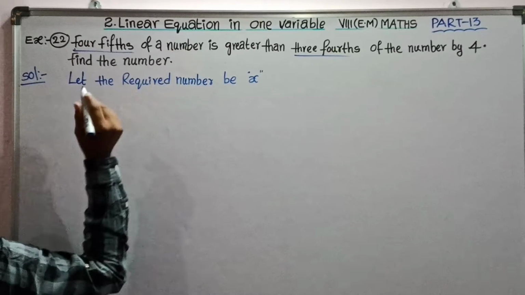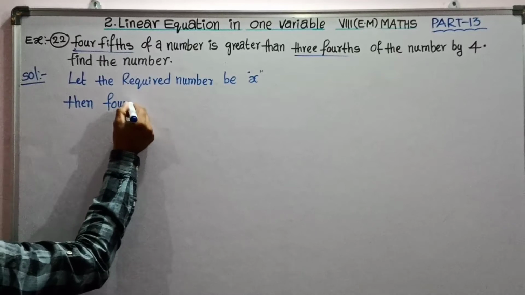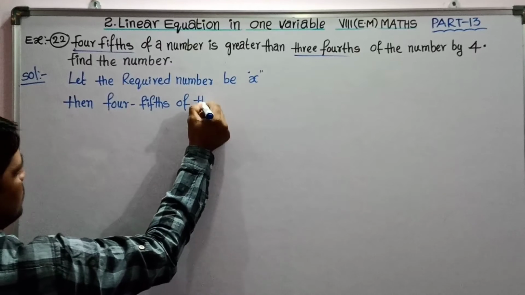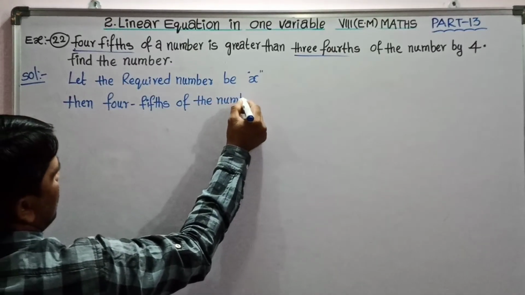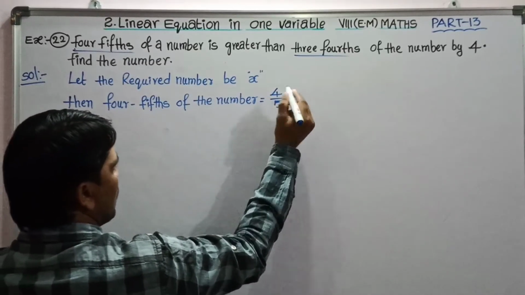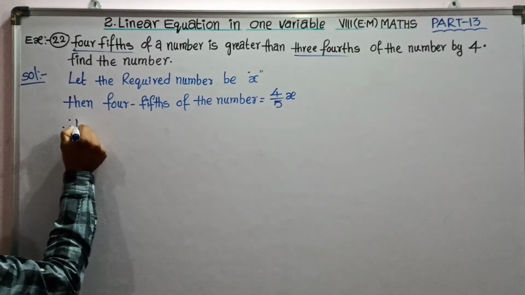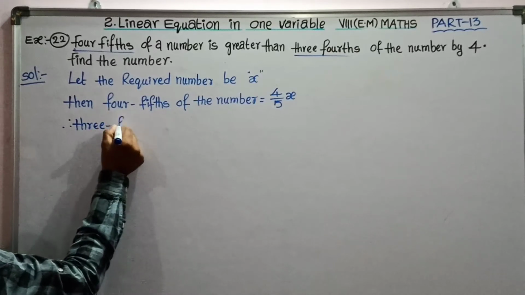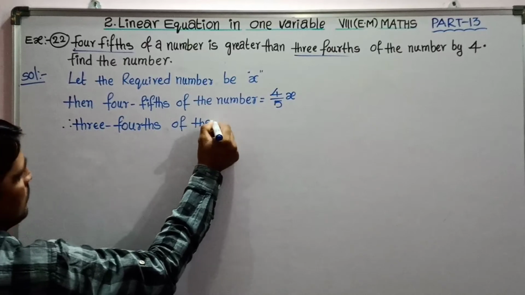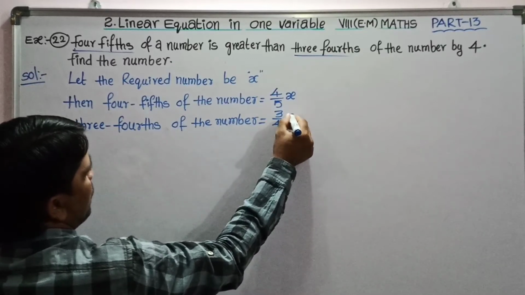Then 4/5 of the number is equal to 4 by 5 times of x. And 3/4 of the number is equal to 3 by 4 times of the number x.